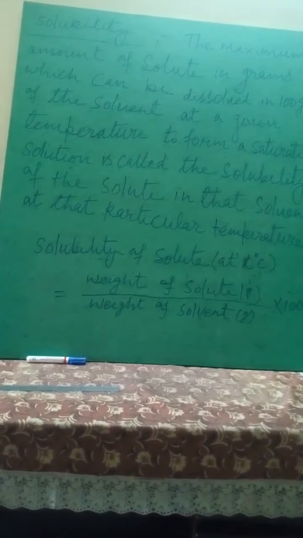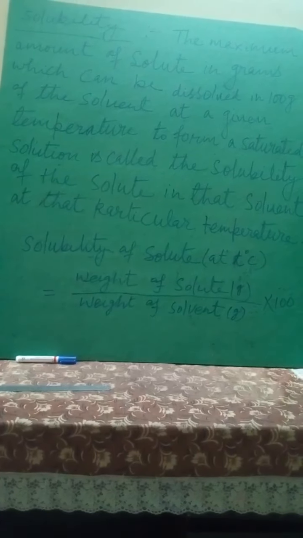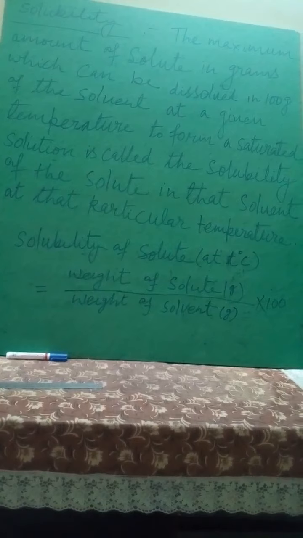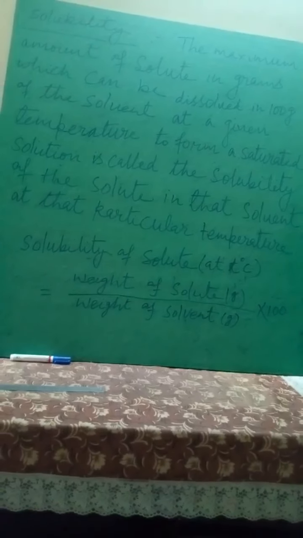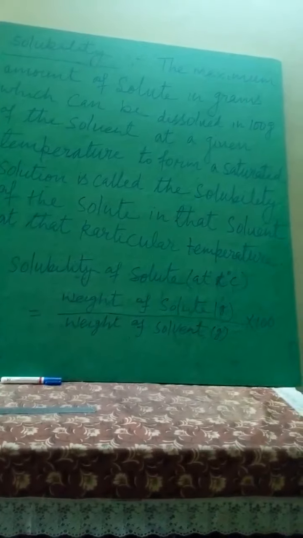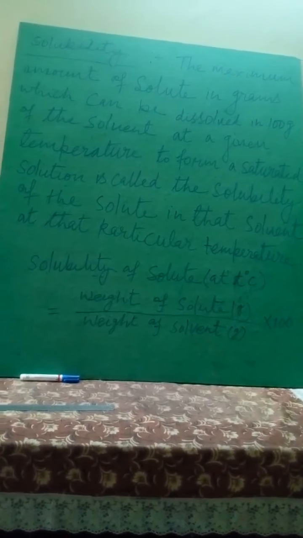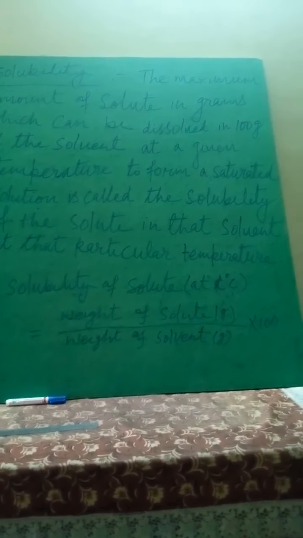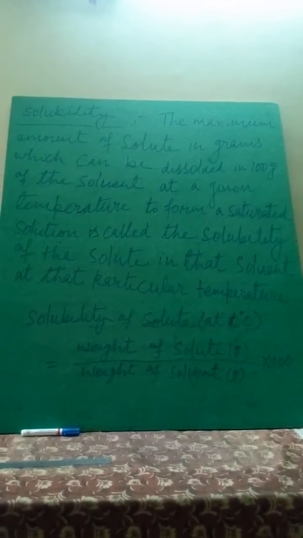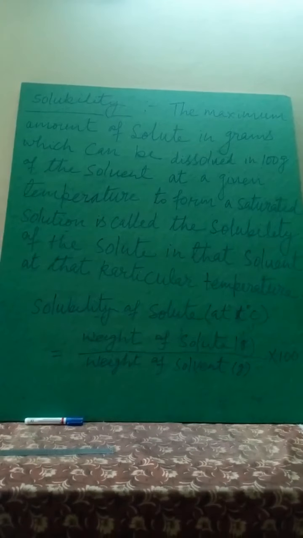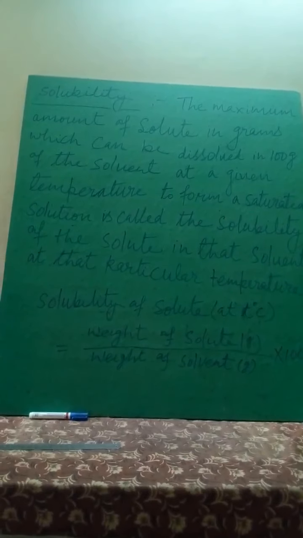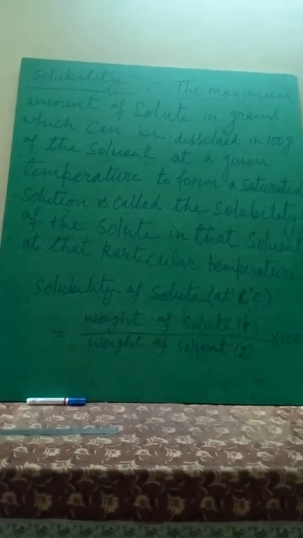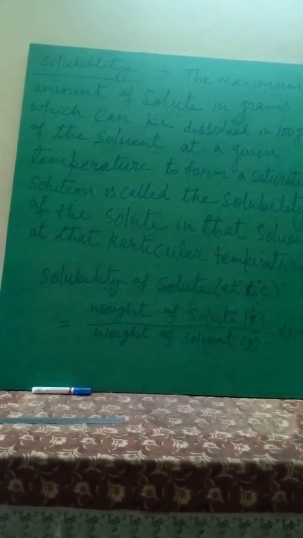It is clear from these examples that different substances have different solubilities in the same solvent at a given temperature. The same substance may have different solubilities in different solvents. For example, sugar or common salt is more soluble in water than in alcohol.